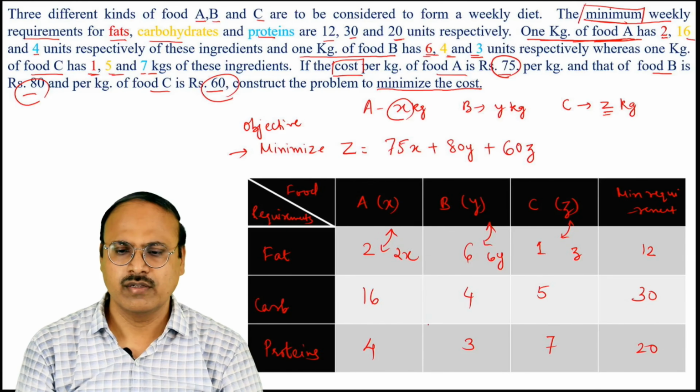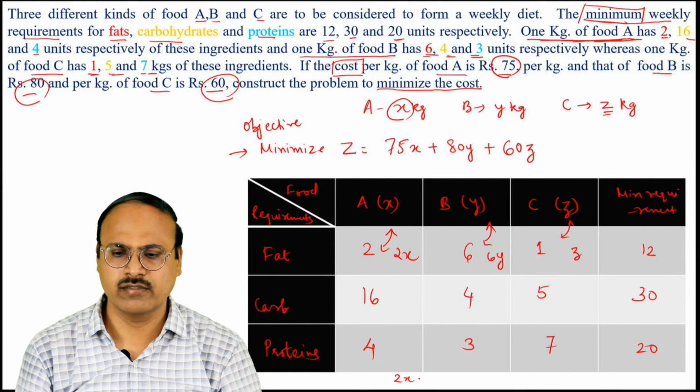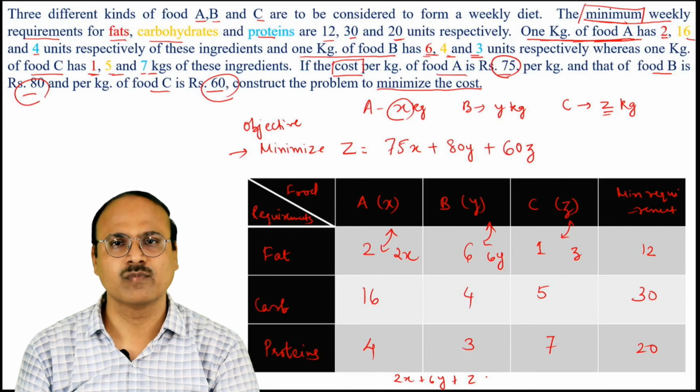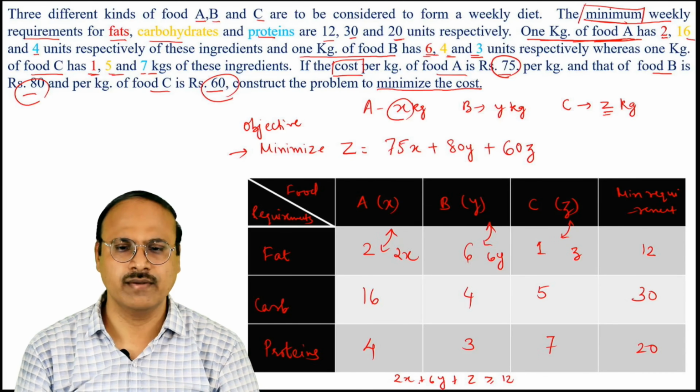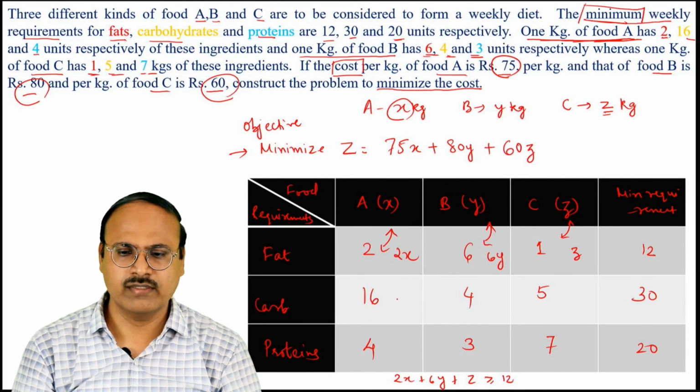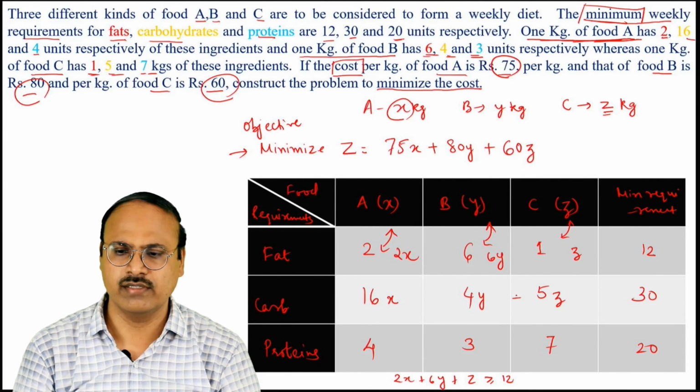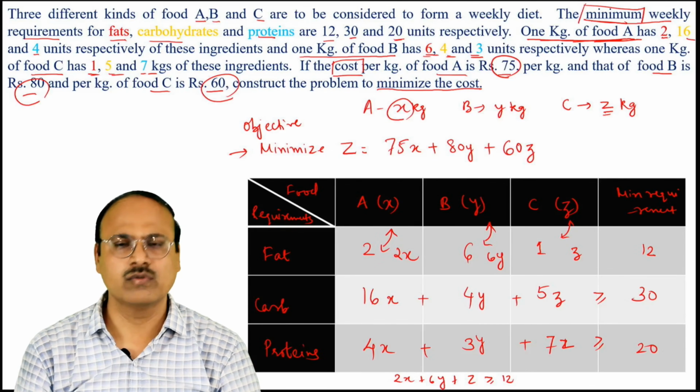We get 2x plus 6y plus z, and this is the minimum, so more than that is possible, so greater than or equal to 12, right? And similarly for the second one, it is 16 into x plus 4 into y plus 5 into z. Minimum is 30, greater than 30 is possible. For proteins, it is 4x plus 3y plus 7z greater than or equal to 20.